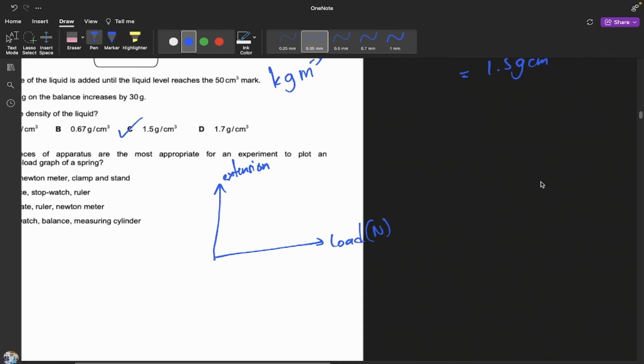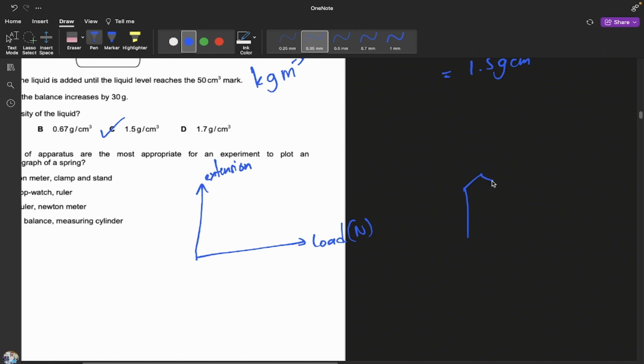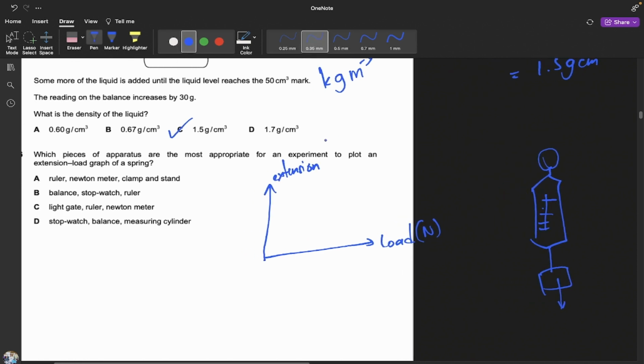Newton meter means the spring balance. You hang the weight here and hang the spring balance onto a ceiling. As the weight pulls down, the reading is given. That's this Newton meter. A clamp stand holds the spring balance. So the answer is A.